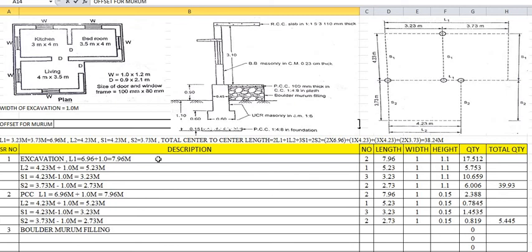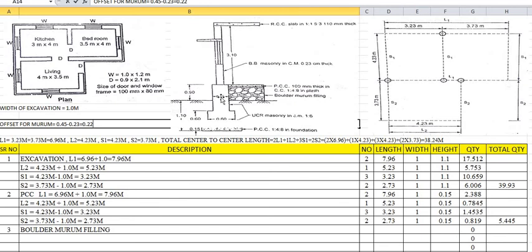So how to calculate the offset? 0.45 minus 0.23 comes to 0.22, but this 0.22 is the total offset. Here there is a left side offset and a right side offset, that means two equal offsets.